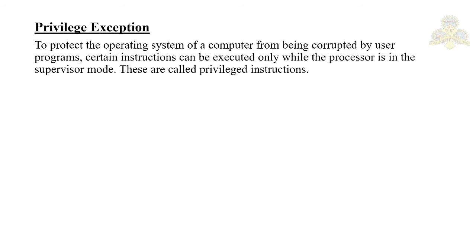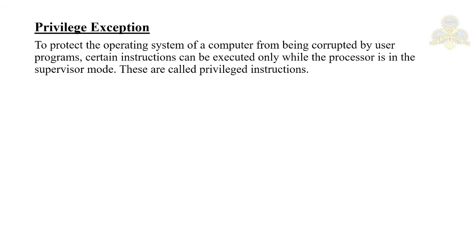For example, when the processor is running in user mode, it will not execute any instruction that changes the priority level of the processor, or that enables the user program to access some areas of the computer memory that have not been allocated to the user. So if an attempt is made to execute such an instruction, it will produce a privilege exception. It causes the processor to switch to its supervisor mode and start executing the appropriate routine in the operating system.